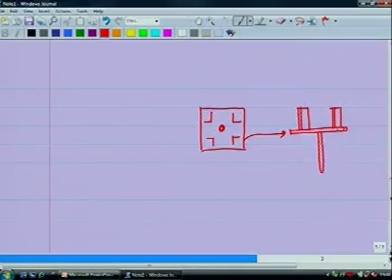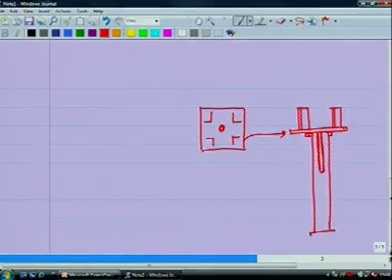Something like this. Now, this particular thing goes inside the prop. So, this is your prop. Is this clear?